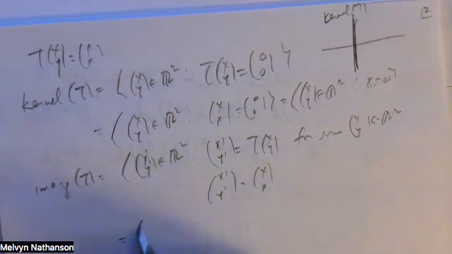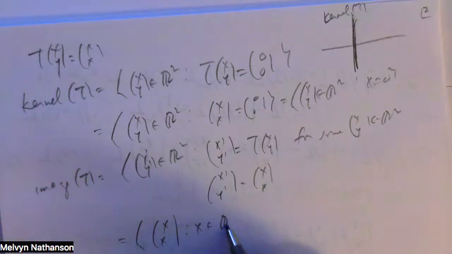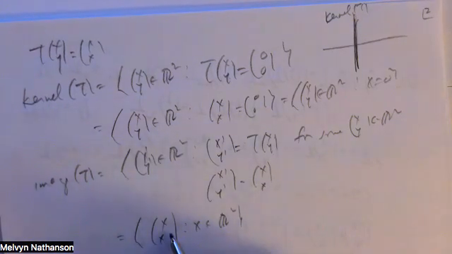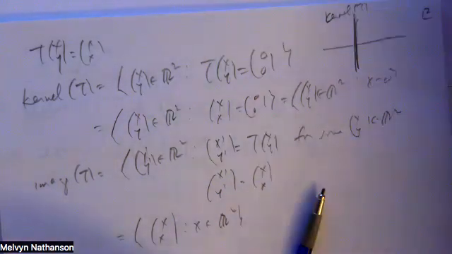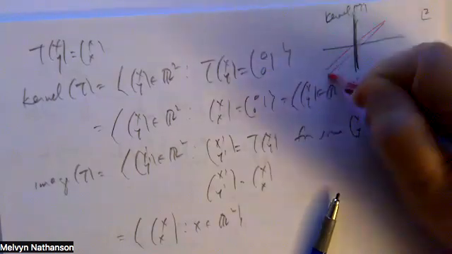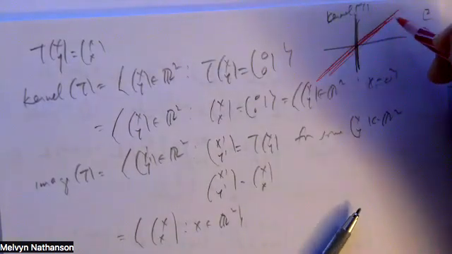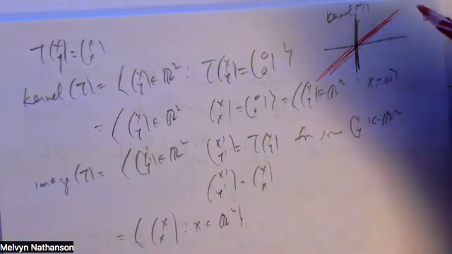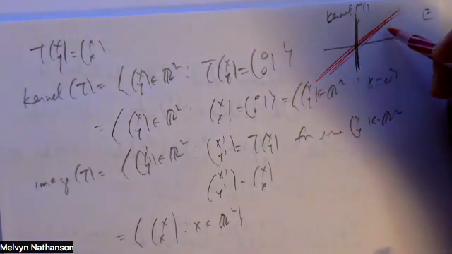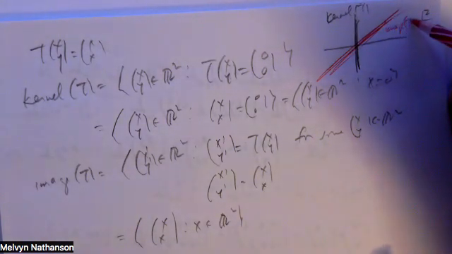This means this is just the set of all vectors where the first and second coordinates are the same. Right? The image is all vectors (x, x). That's just the line y equals x. So this line y equals x in the plane, that's the image of T.